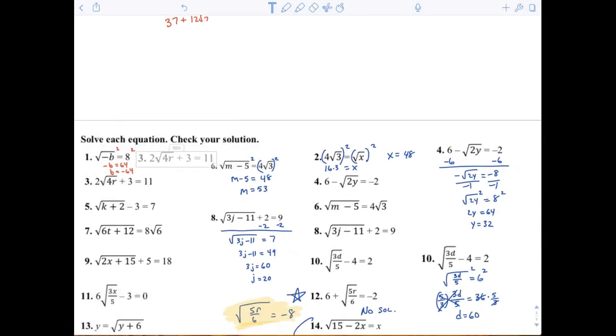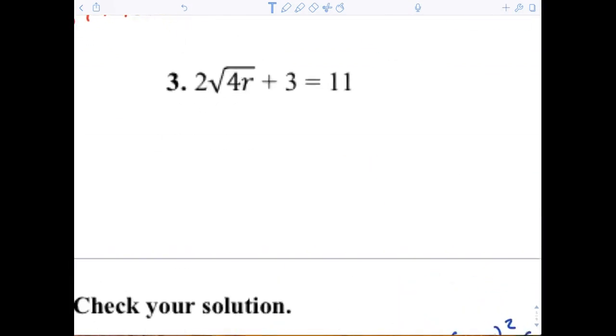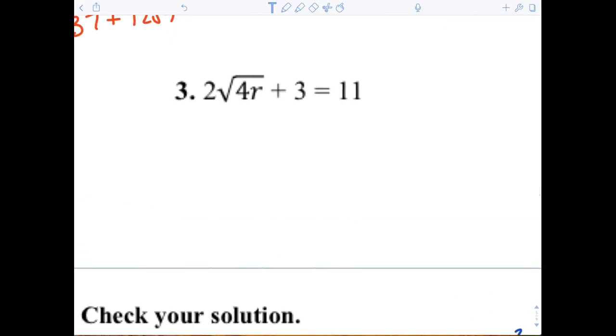All right, here we go. So for question number 3, I have to isolate the radical. So to isolate the radical, I have to subtract 3 first. 2 square root of 4r equals 8. And then I have to do what? Divide by 2.